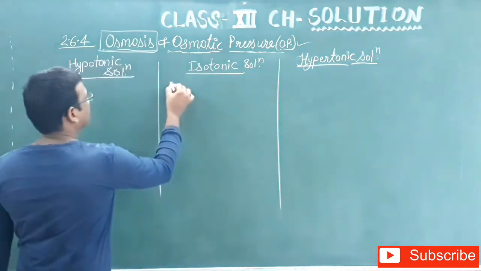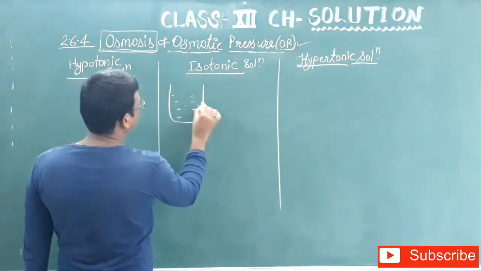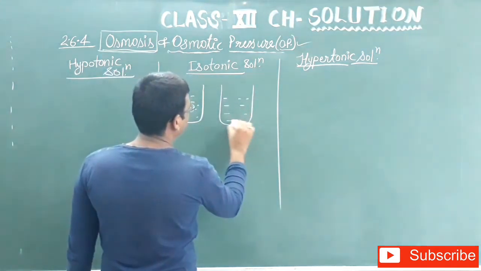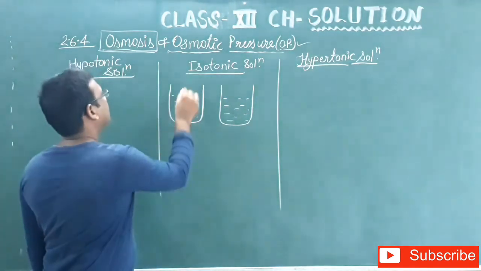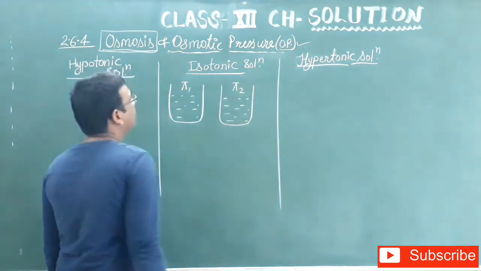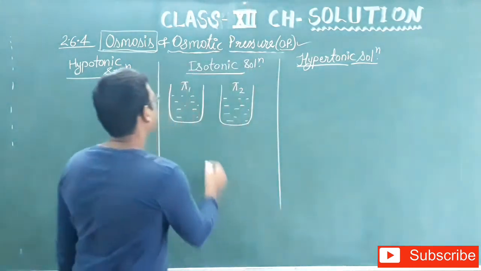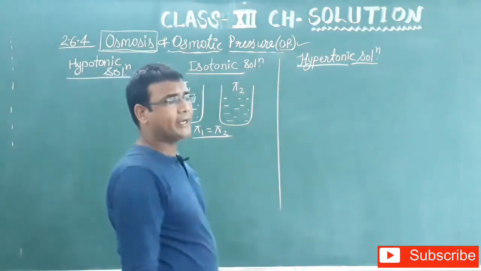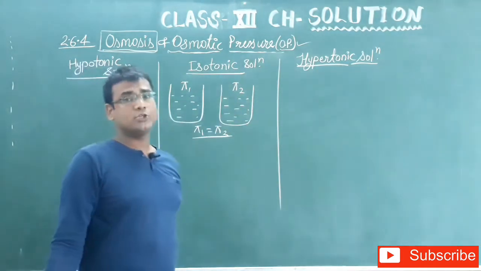For example, I have one container with one solution, and in the same way another container with another solution. Here the osmotic pressure is pi 1, and in the second case the osmotic pressure is pi 2. If pi 1 and pi 2 are equal, then we can say that these solutions are isotonic solutions.